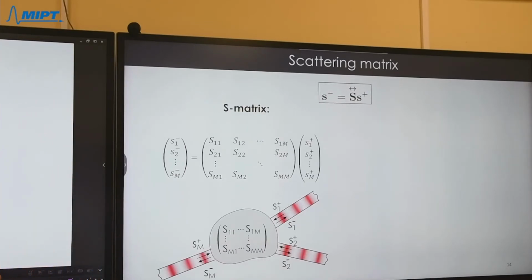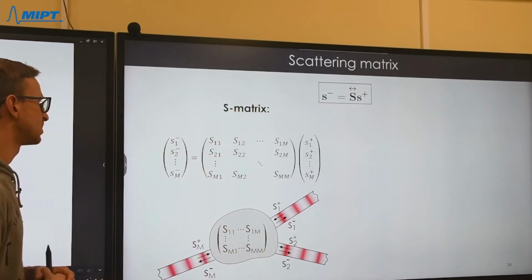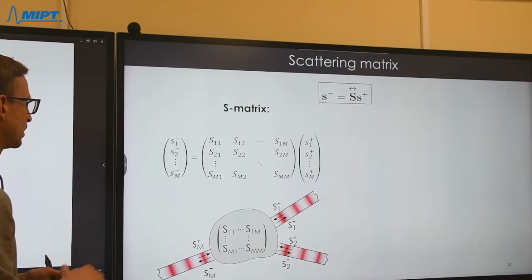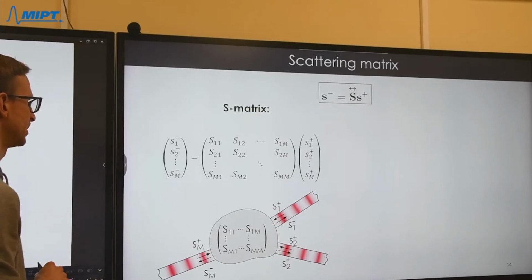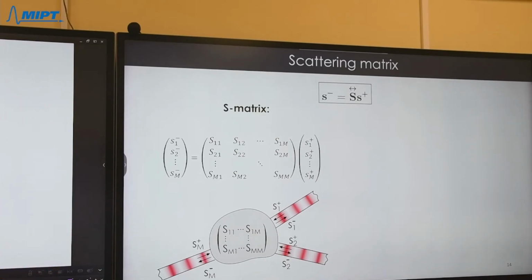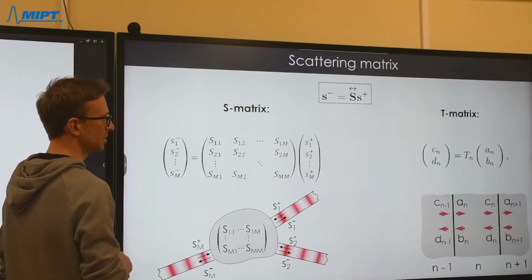So this is the S matrix one more time, basically the same expression written explicitly in the matrix notation, where we can explicitly see all the matrix elements. And this might remind you of something. This looks a lot like something we have done already a few lectures back, the transfer matrix.